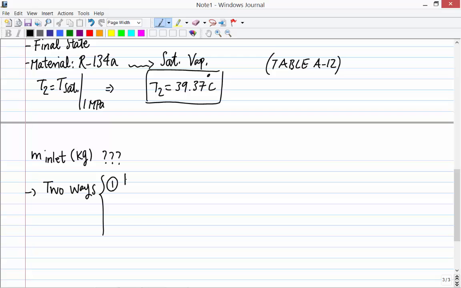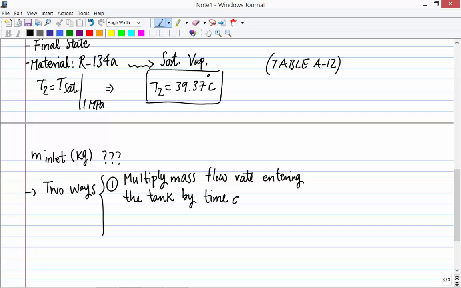So the first one is to multiply the mass flow rate entering the tank by the time duration, right? This is one way.